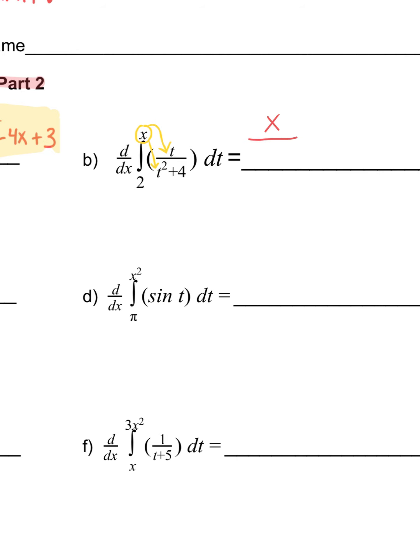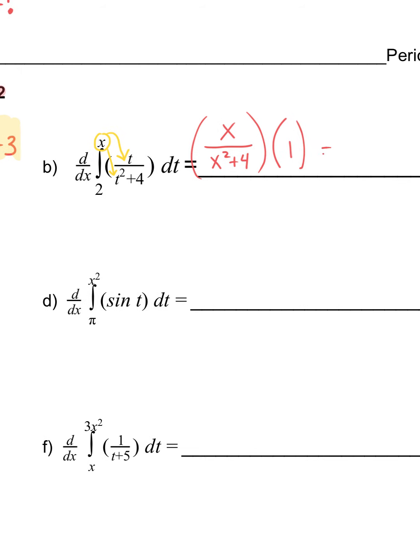On the bottom we get x squared plus 4. And that is the first step. The second step is we multiply everything by the derivative of this, and of course the derivative of x is just 1. So our answer there is just x over x squared plus 4. Again, another quick, easy shortcut.